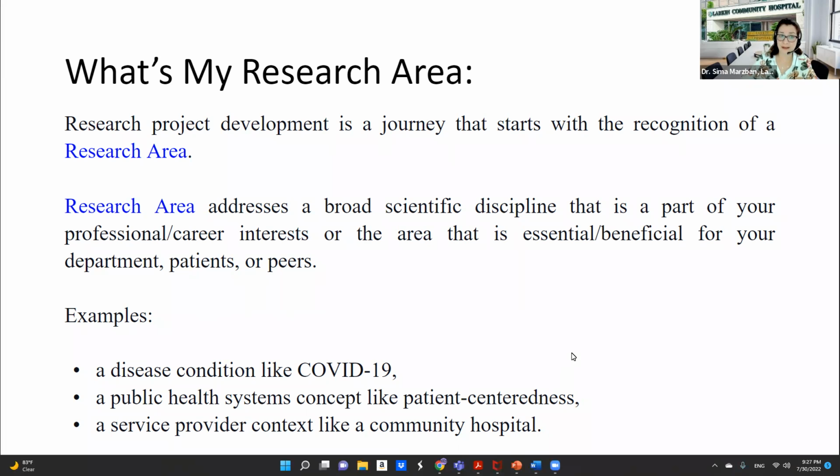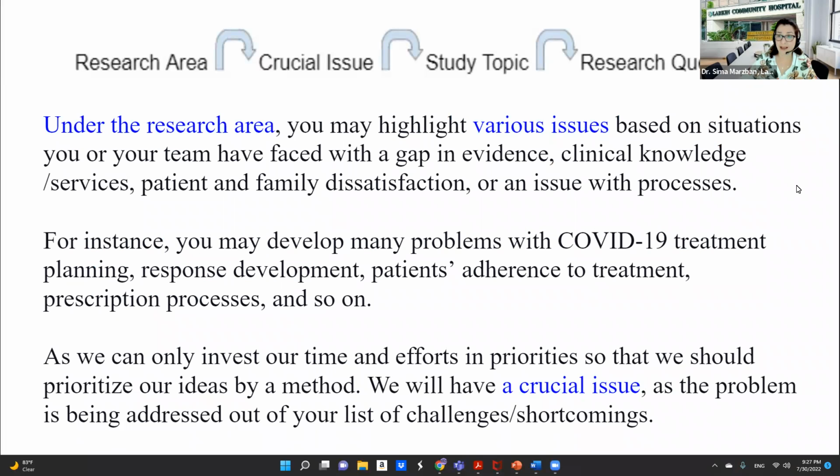Start with the research area, and then after that you have to define, under this research area, what are the crucial issues. If you selected COVID-19, if you selected monkeypox, if you selected cardiovascular disease, if you selected preventive medicine or family medicine preventive approaches for substance abuse, for adolescent healthy life or screenings, something like that.